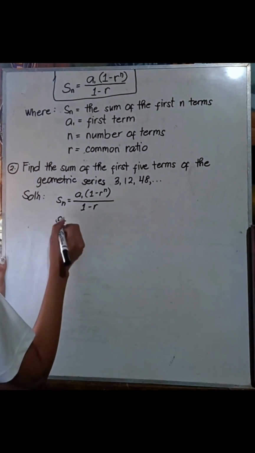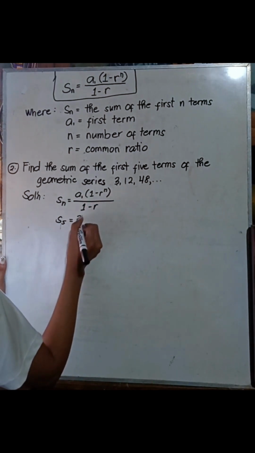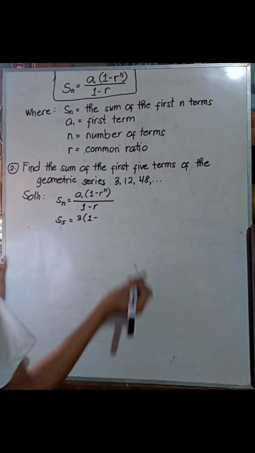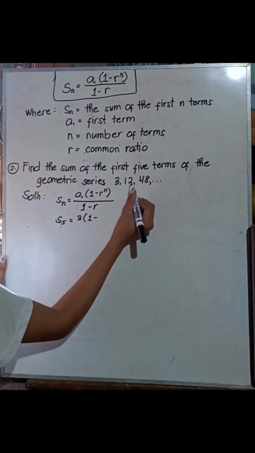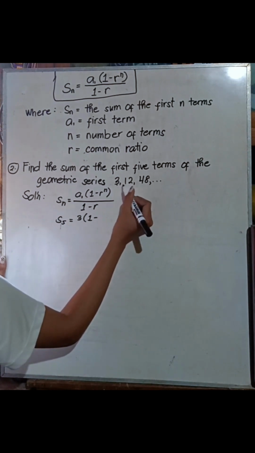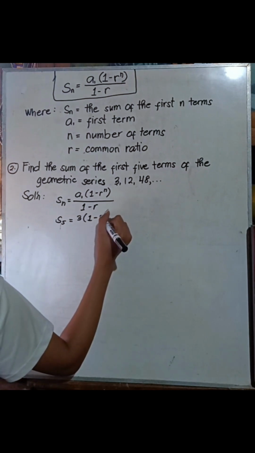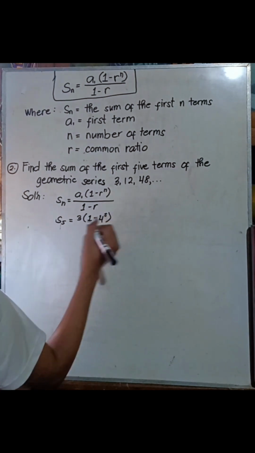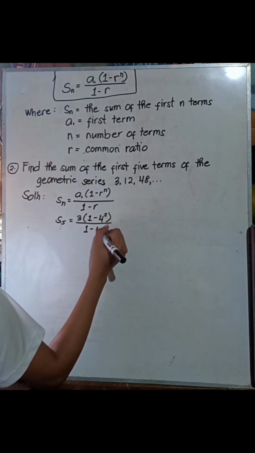So, S sub 5 is equals to a sub 1 is 3 times 1. Ang r natin, pila man. So, in getting the r or the common ratio, divide the second term over the first term. So, 12 divided by 3 is equals to 4. Right? 4, ang n natin is 5, exponent of 5, all over 1 minus 4.